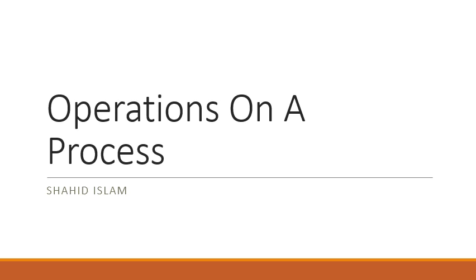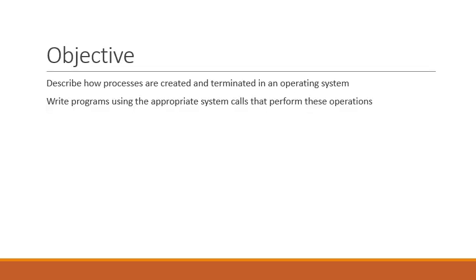Operations on a process. The objective of this lesson is to describe how processes are created and terminated in an operating system. To explain these concepts, we will see some programming examples that use appropriate system calls to create as well as to terminate processes.